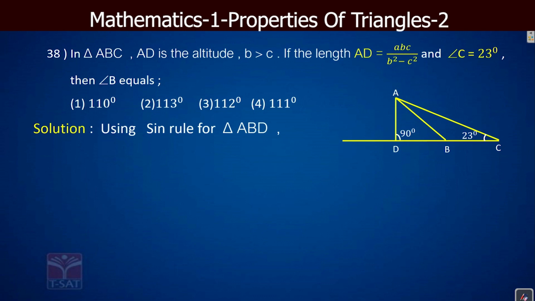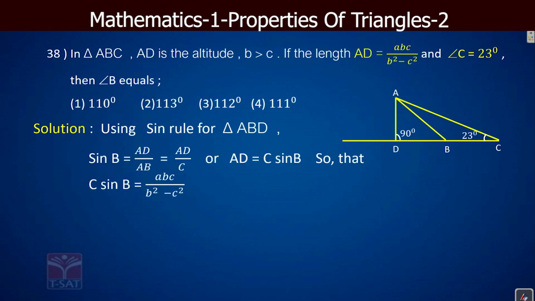Using the sine rule for triangle ABD, where AD is the altitude, you will get sin B is equal to AD by AB, that is AD by c, or AD is equal to c sin B. But AD you are given as abc by b square minus c square.